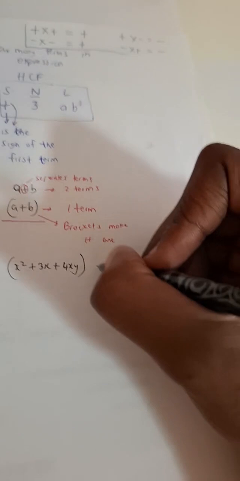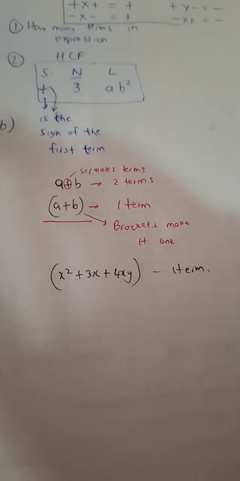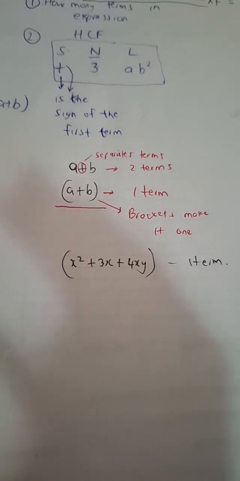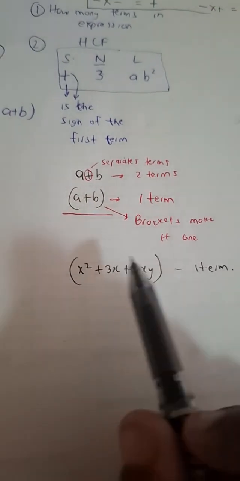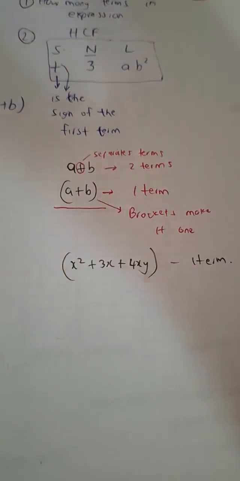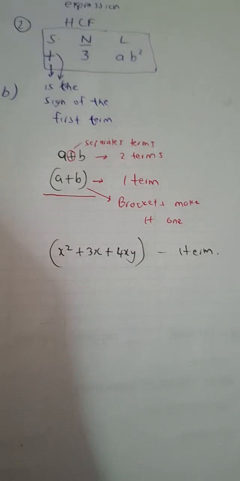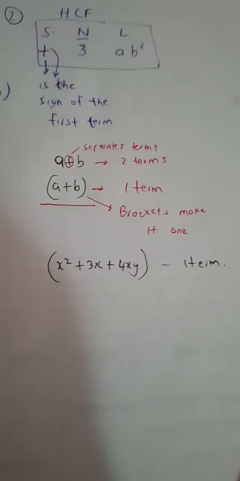You see exactly. It's 1 term. So brackets have this function of just combining everything. All of a sudden, we say it's 1 term when there's brackets around. So you must take note when there's brackets around. There's a union. We unite. We become 1.